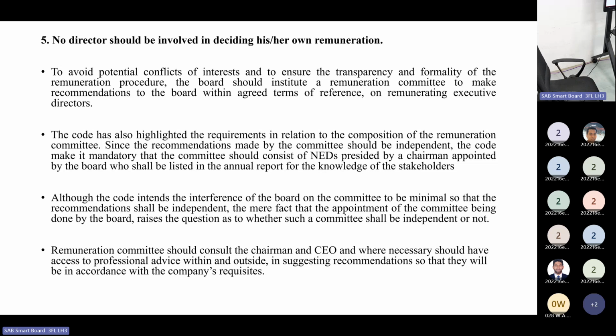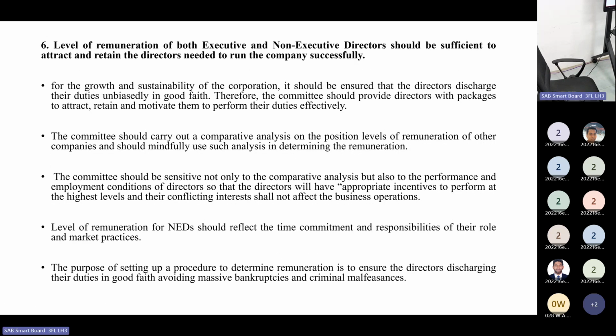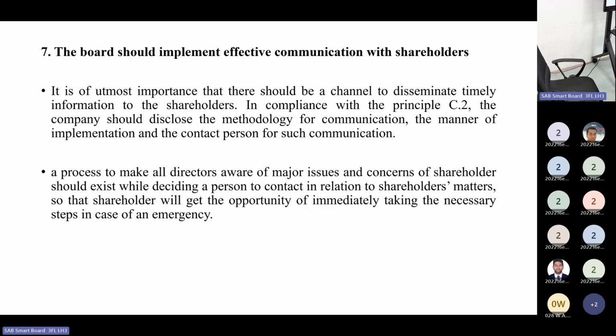So this part talks about appointing the remuneration committee and allowing them to decide the remuneration. The level of remuneration of both executive and non-executive directors should be sufficient to attract and retain. So whatever you are paying them should be attractive and should serve the purpose we discussed now.